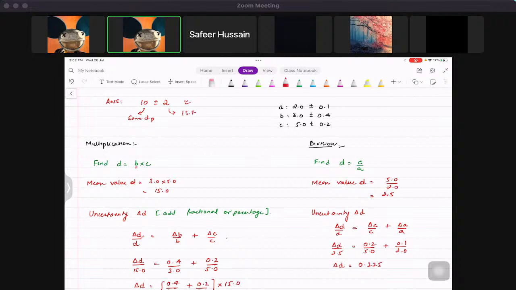And now I want to write the answer. Who's going to tell me what will be the uncertainty? Aisha, Ramin, Safir, and 0.2. Only 0.2. Very good. And now because there is one decimal place and this value also has one decimal place, we're just going to write it like this, and that would be the answer. It is pretty easy once you get hold of it and practice it a lot.